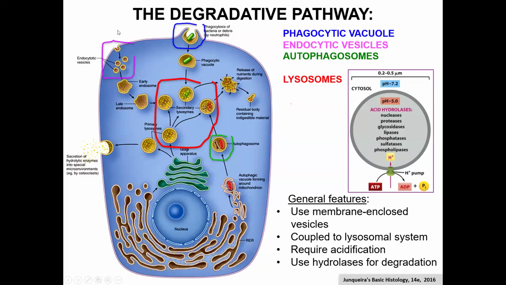Then the cells take up material from the extracellular space through small endocytic vesicles, through the process of pinocytosis.